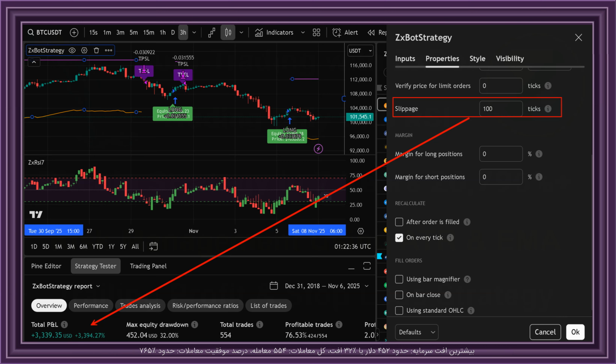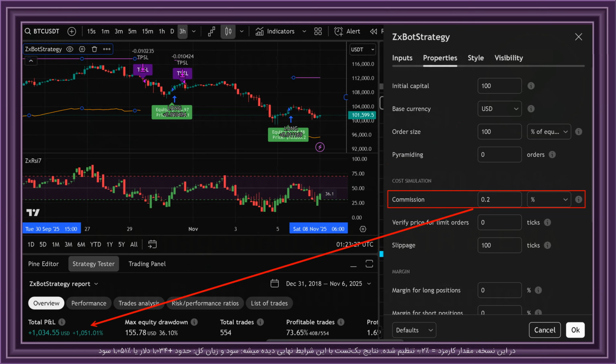Win rate around 76.5%. This image shows that when realistic slippage is considered in the test, the total profit decreases, but the results are more realistic and closer to live execution. This is essential for accurately evaluating the real performance of the strategy.